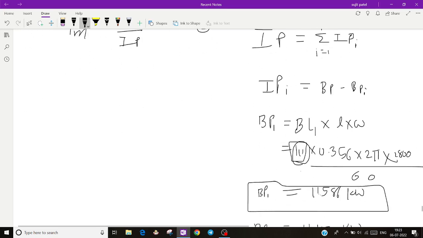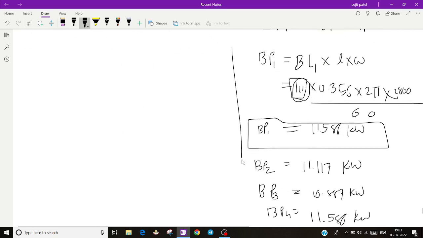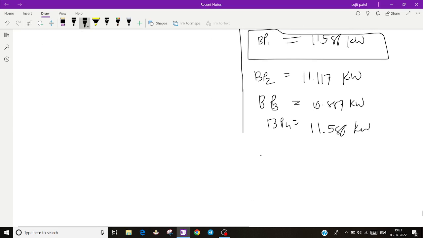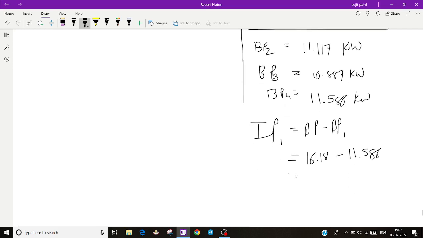So now individual indicated power, that is IP1, that is total brake power minus brake power when first cylinder is cut off. Total brake power is 16.18 minus 11.586. We have found out BP1 here. So you will get 4.594 kilowatt IP1.